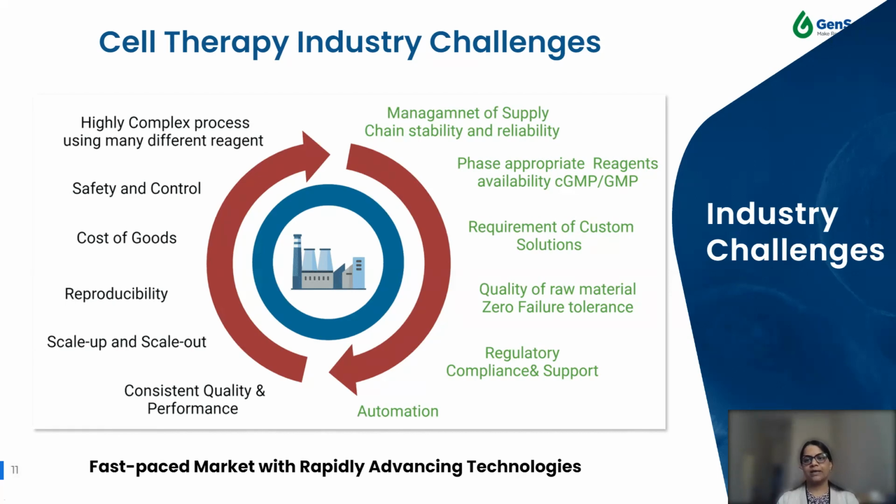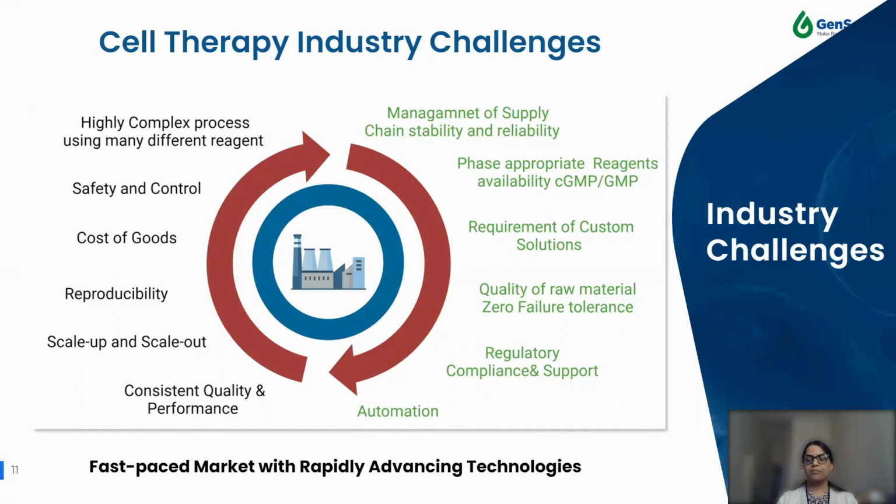Successful validation in clinical trials often requires GMP production for cell and gene therapy, and cell therapy manufacturing is a complex process, as we discussed earlier. It involves multiple products from various sources, including ancillary raw materials and non-conventional raw materials.